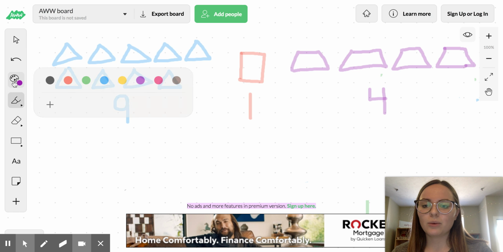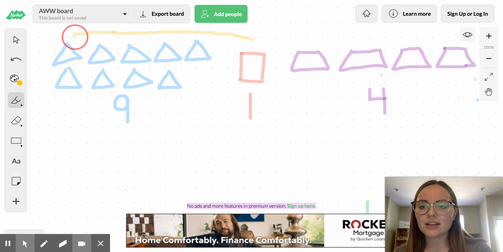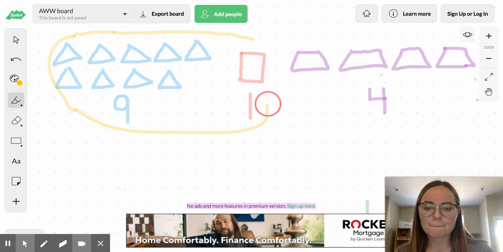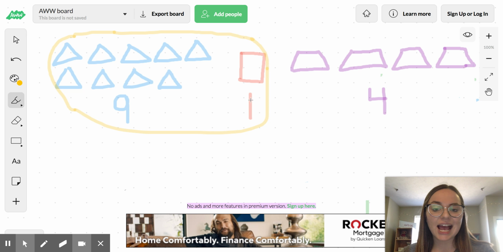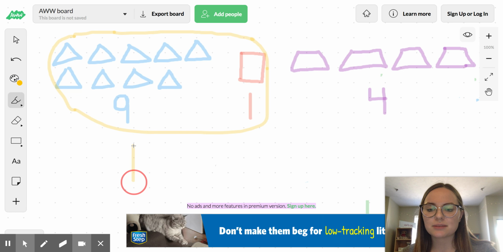So I know one way that I can make a group of 10 is to add my 9 triangles and one square. So I'm going to circle these together so we know that they are in one big group now. Okay, so now that I have 9 triangles and one square, I know that there are 10 shapes.